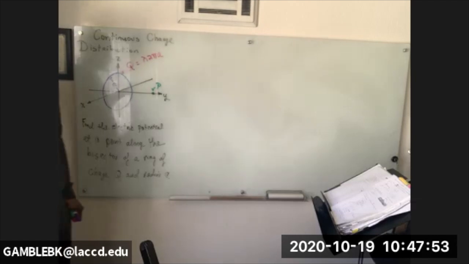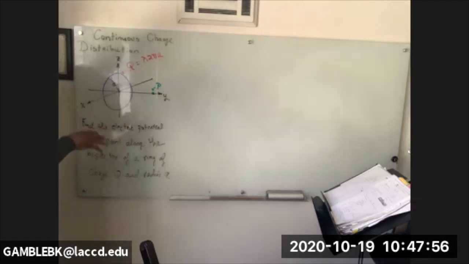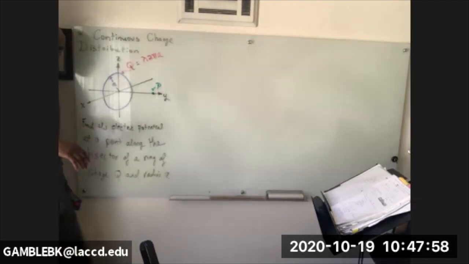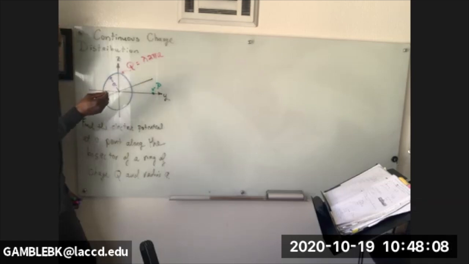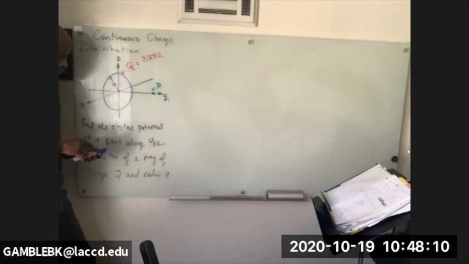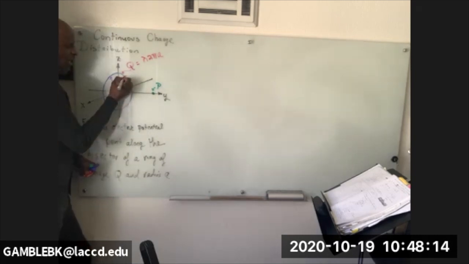Now, before when we were doing problems like this, I would do something like draw. You still want to think of breaking the charge up into differential charge elements. So in this case, the differential charge elements would be very small arc lengths, like that.